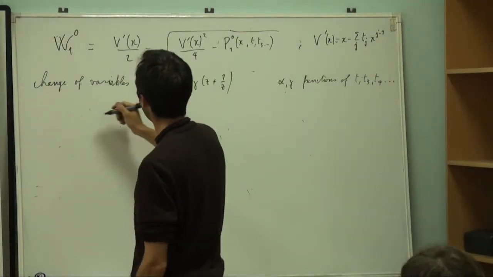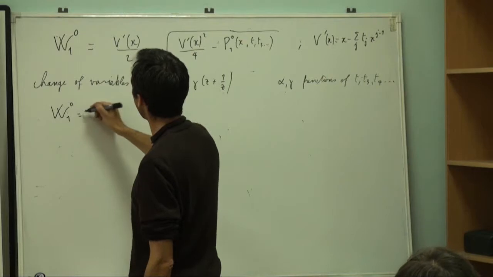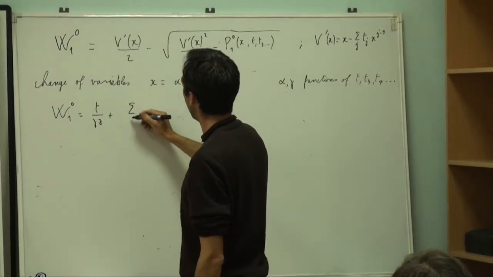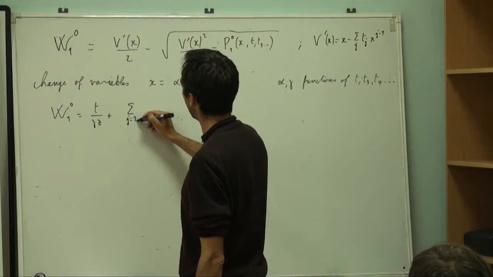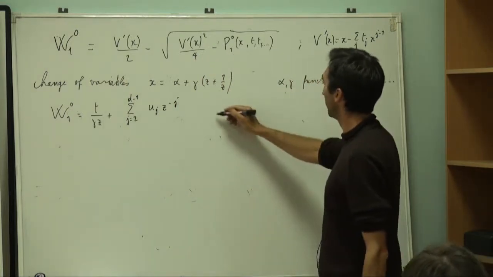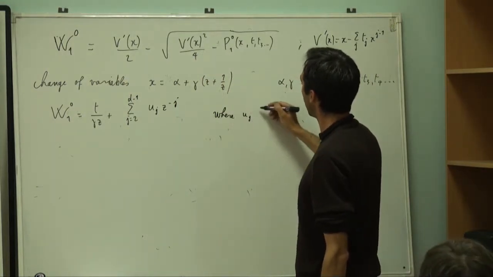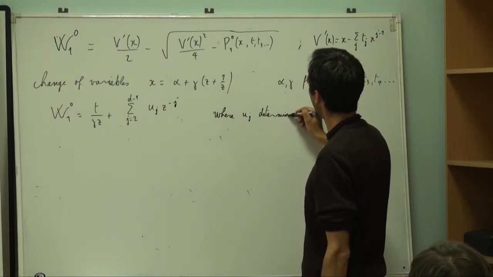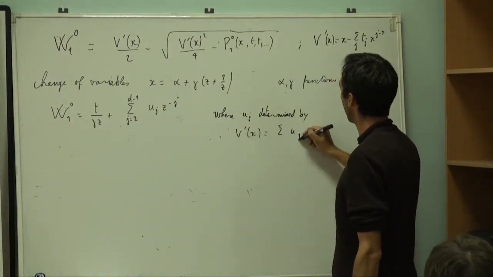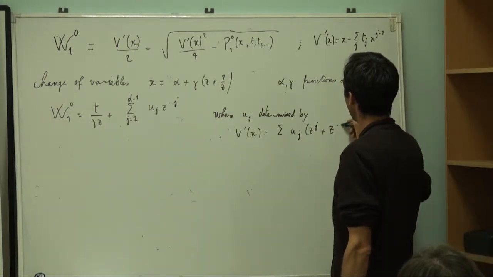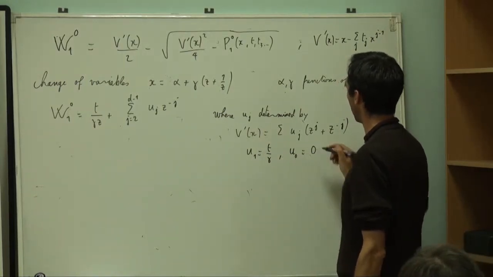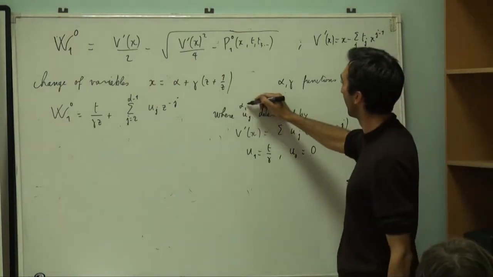It was such that W10 was t over gamma z plus the sum from j equals 2 to d minus 1 of u_j z^(-j), where the u_j are determined by V prime of x being the sum of u_j (z^j plus z^(-j)), and u1 was t over gamma, and u0 was 0. This also determines alpha and gamma.